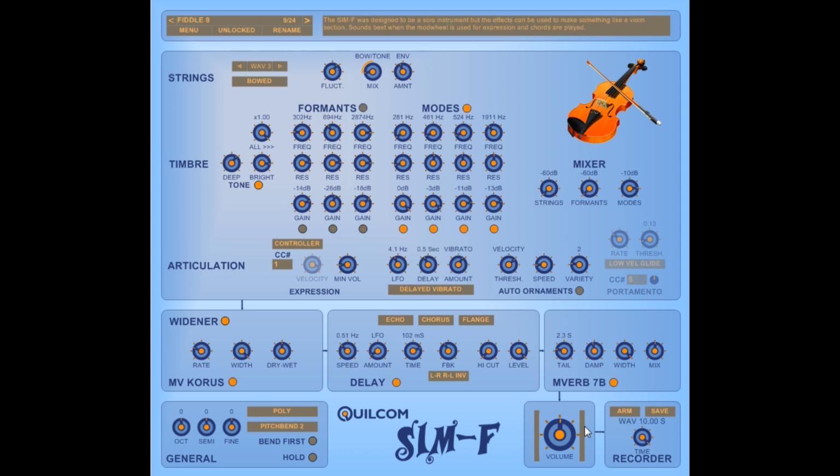The SIM-F was intended to be played as a solo instrument, but by judicious settings of widener, chorus, delay and the performance, etc., we can make something that sounds a bit like a violin section, especially if we use the expression to control the volume and tone.